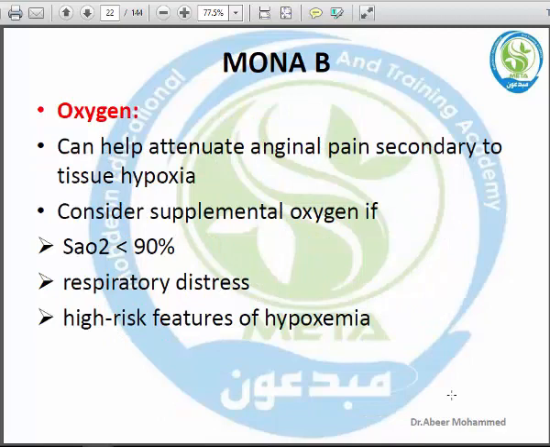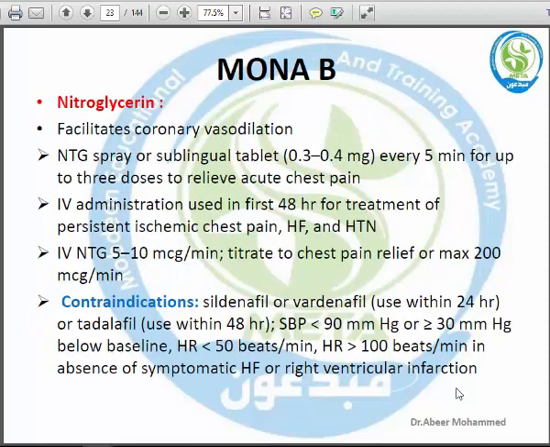regarding oxygen، بدي العيان oxygen إذا كان الأكسجين saturation below 90%، أو إذا كان العيان عنده respiratory distress or high risk of features of hypoxemia. Nitroglycerin is a vasodilatory.